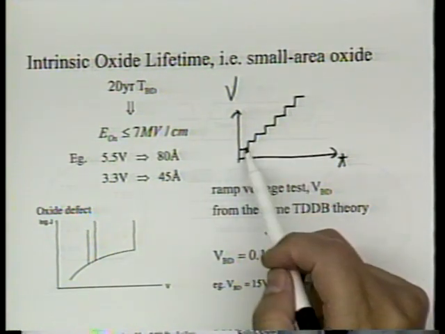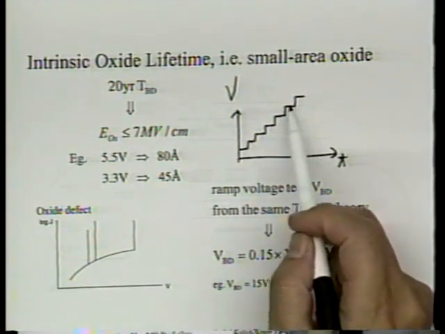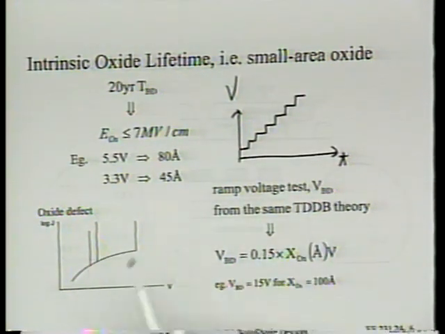Of course, current will increase with this voltage rapidly. So you get this data of current versus voltage, or current versus time, the same thing, because voltage is increasing linearly with time. So current would increase, even in this log plot.